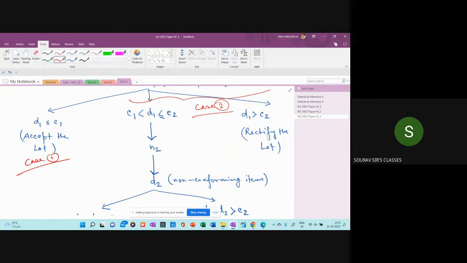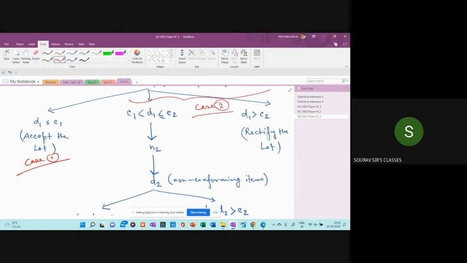Since the random sample size is increasing, the cutoff also changes from c1 to c2. Next, we have two cases. If d1 is greater than c2, we will put the lot for rectification. That is, it is not allowed and needs rectification.